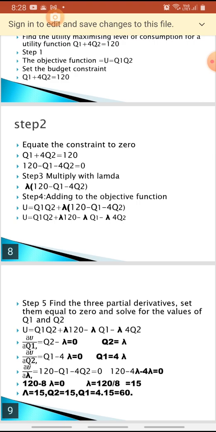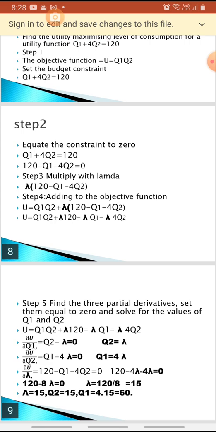That is 120 minus Q1 minus 4Q2 is equal to 0. That is 120 minus 4 lambda minus 4 lambda is equal to 0. So rearranging, we get 120 minus 8 lambda is equal to 0. So lambda is equal to 120 divided by 8, that is 15.